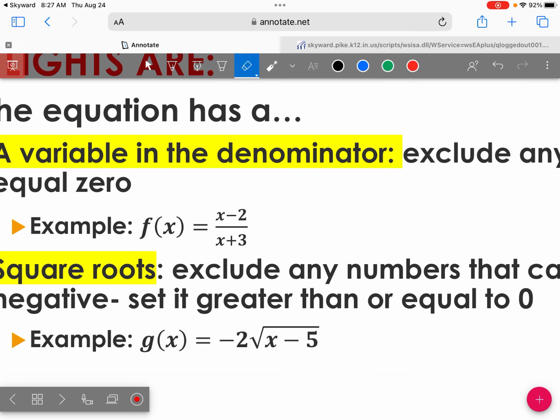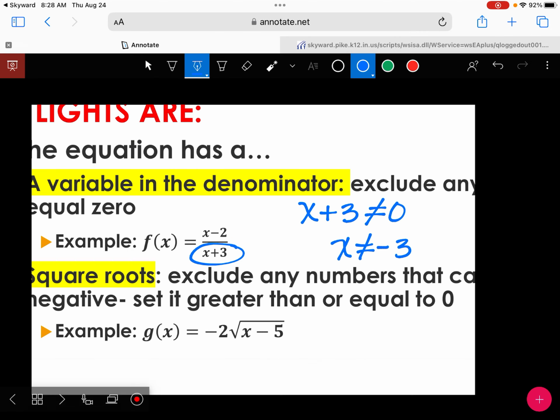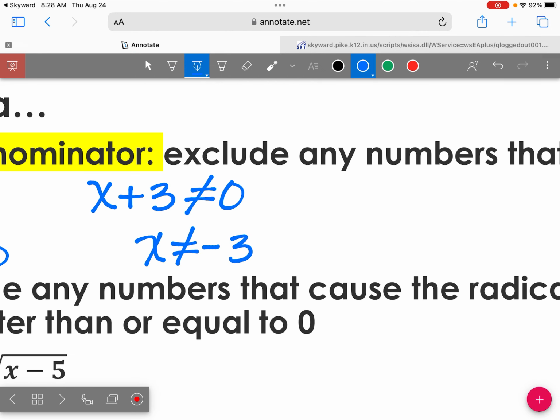So what we're going to do is take your denominator, which in this case is x plus 3. x plus 3 cannot equal 0. And if x plus 3 cannot equal 0, that means that x cannot equal negative 3. So we have to say that the domain is all real numbers except for negative 3.